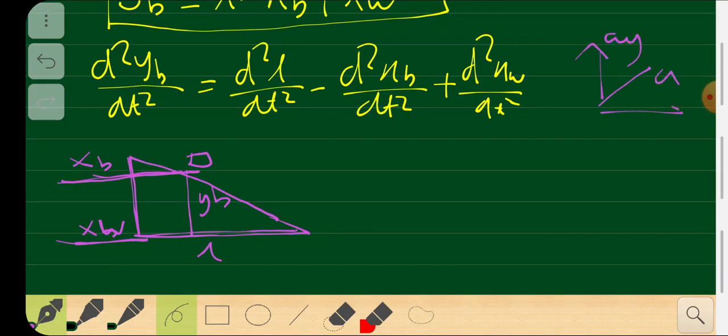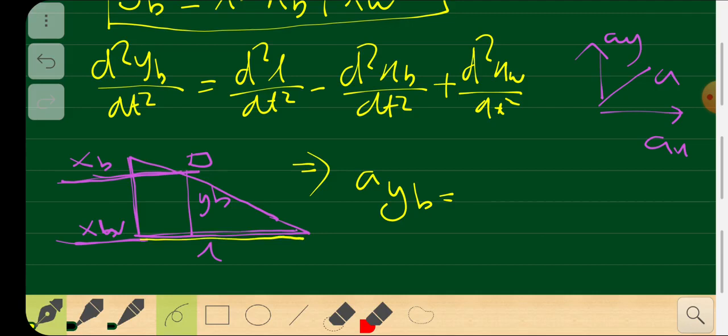So ay of the box on the right side must be equal to d square L by dt square. The length of the base of the box is not going to change, which means that this thing is going to be 0.